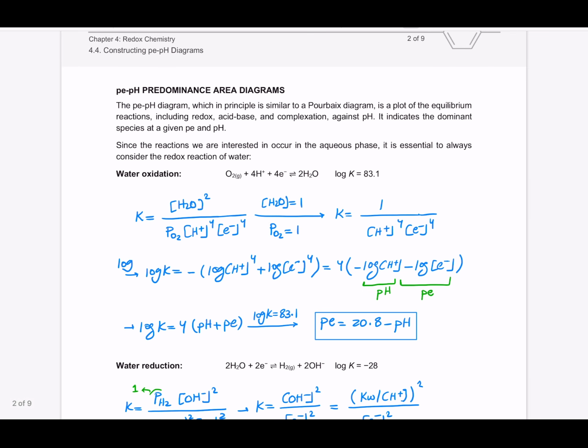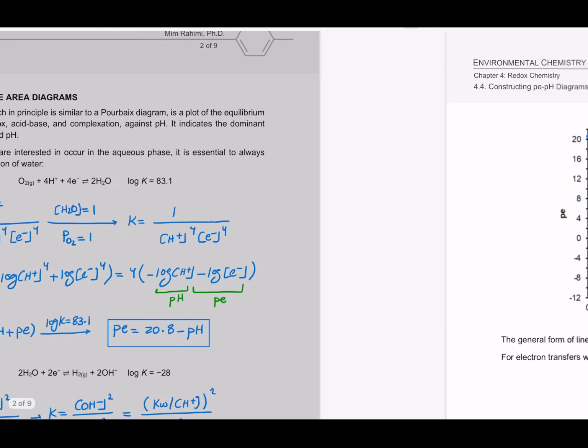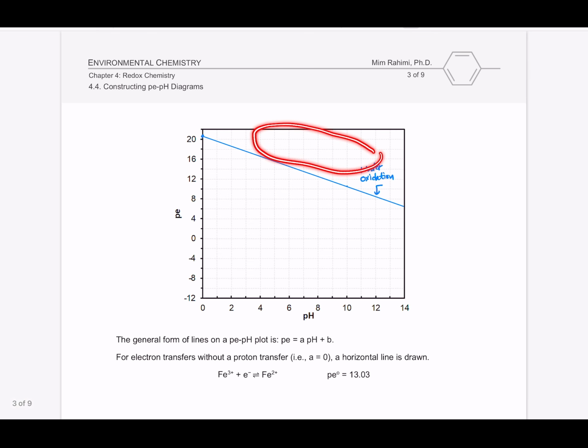So when we look at the reaction, it's basically the game between water and oxygen, because these two are how we can manipulate it. So to identify whether this zone is oxygen or water, how can we proceed? Obviously this side has lower electron activity compared to this side, right?